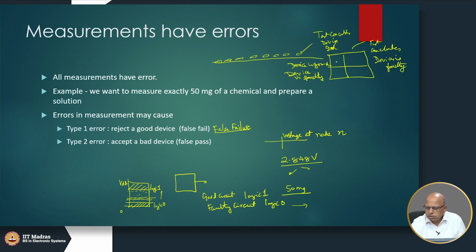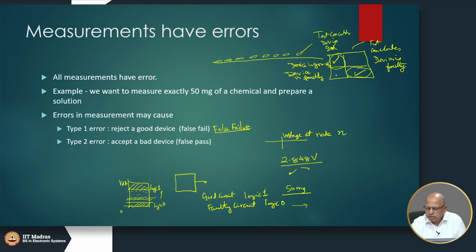So, you see, the device is good and the test also concludes that the device is good. This is a good situation to be in. Similarly, if the device is faulty and the circuit declares that it is faulty, this is also okay. Both these are acceptable.